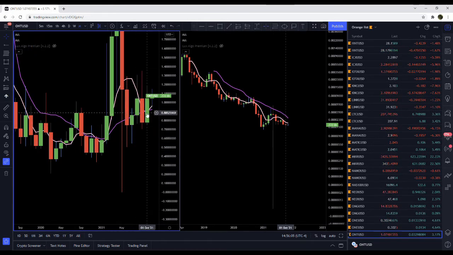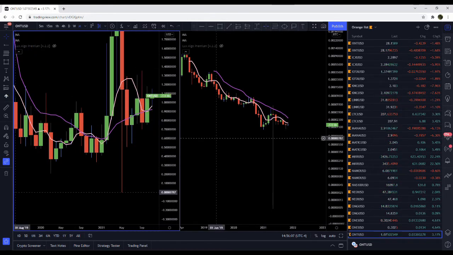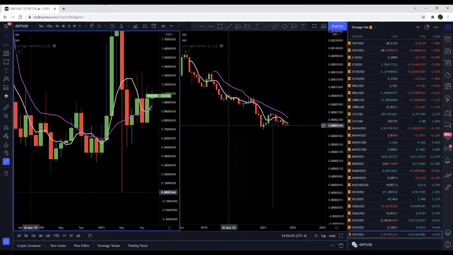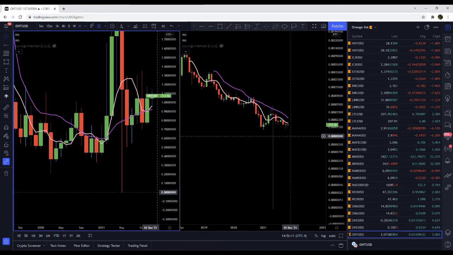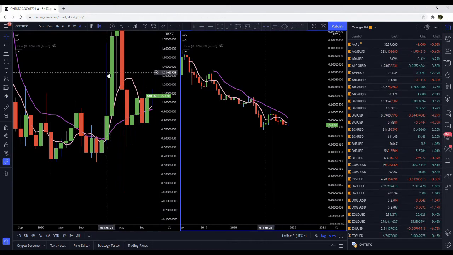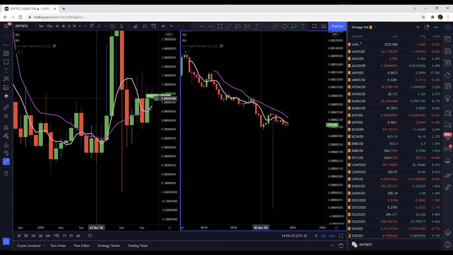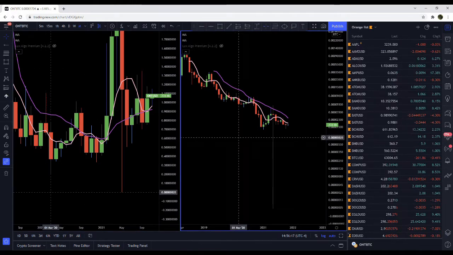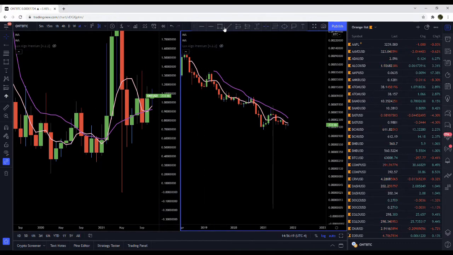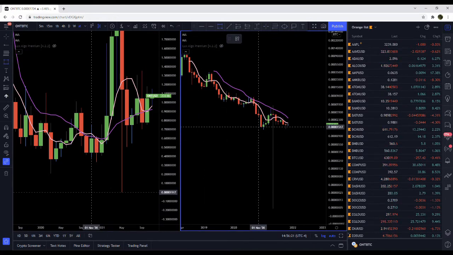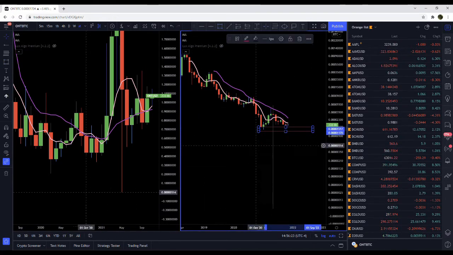So you can see last month was good on USD, but we haven't had anything on the monthly ONT BTC. But we do have this here, okay?